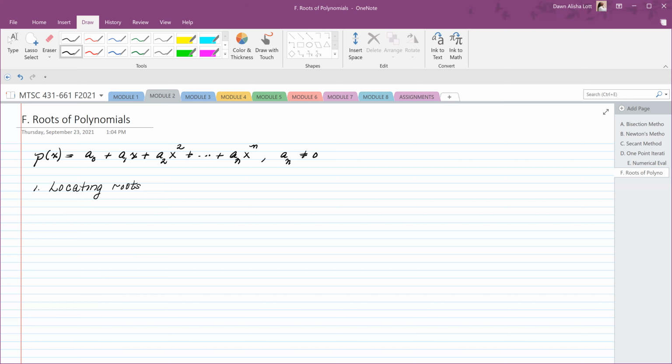All right, so that would take our P of X and write it as AN times X minus Z1, X minus Z2, all the way down to X minus Zn. And the Z's are our roots, and we can use the fundamental theorem of algebra. Okay, we can bound roots.